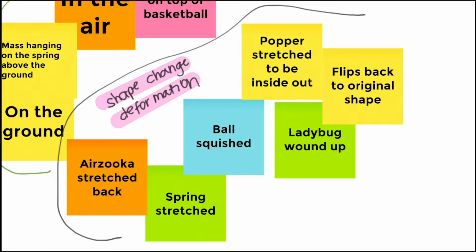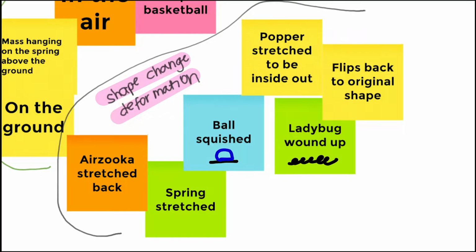So we took its new form, which is inside out, and it flipped back to the inside state. And something inside the ladybug was winding up. So there was some sort of winding situation happening. And when the ball hit the floor, I think we talked about how the ball would kind of flatten out where it hit the floor.